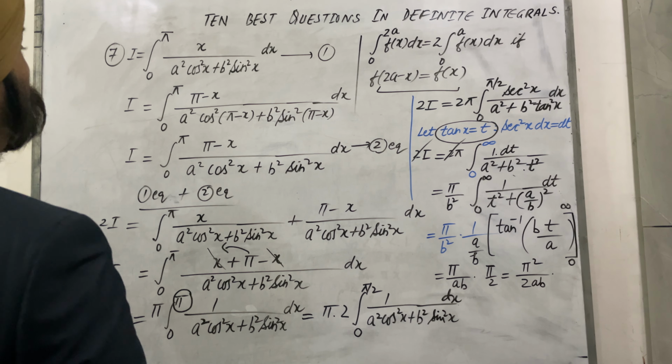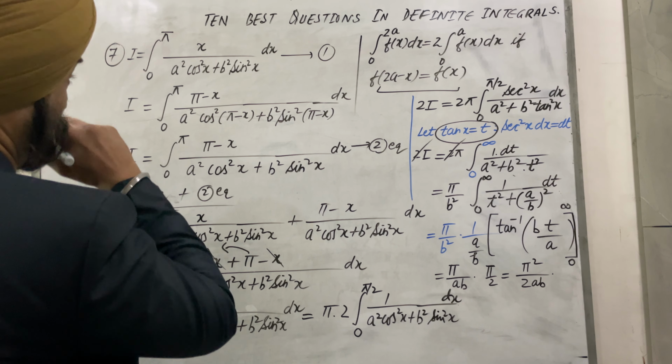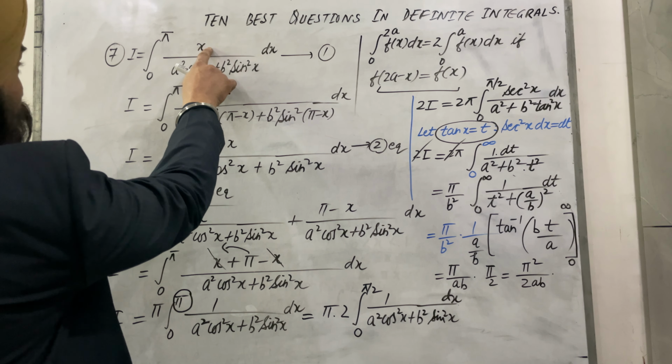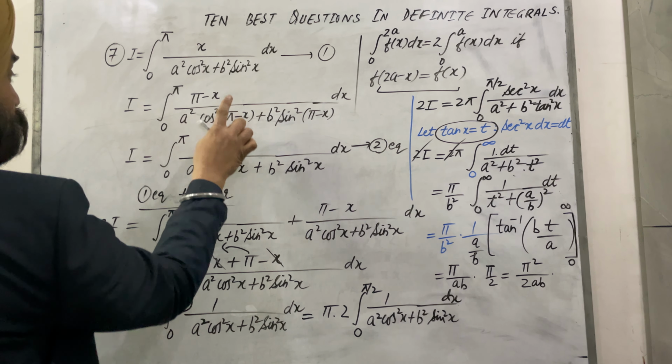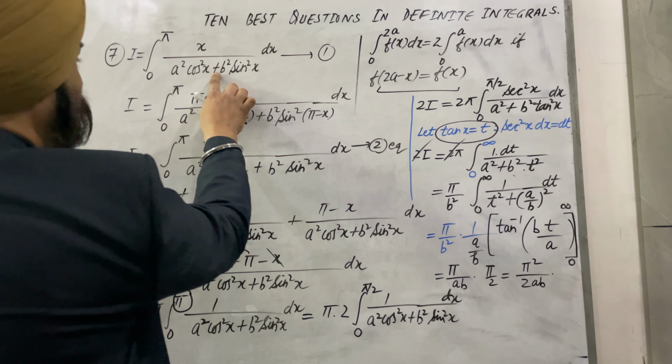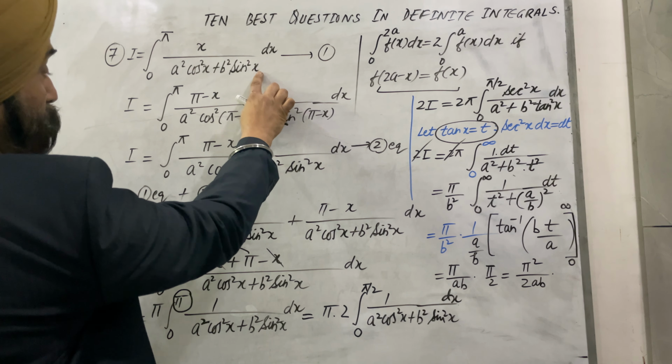So we apply the sixth property, according to which we just need to replace the variable present in the integrand by upper limit minus the variable, provided the lower limit is 0 here. So for x, we can write pi minus x, a square cos square, in place of x again pi minus x, plus b square sin square, in place of x we write pi minus x once again.